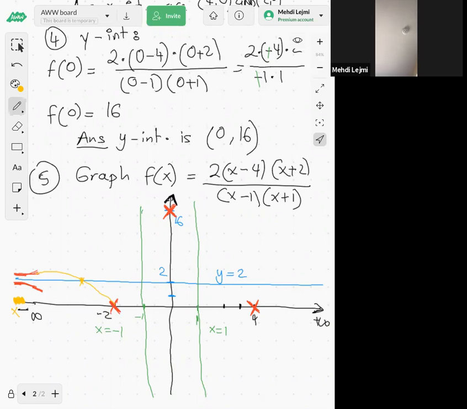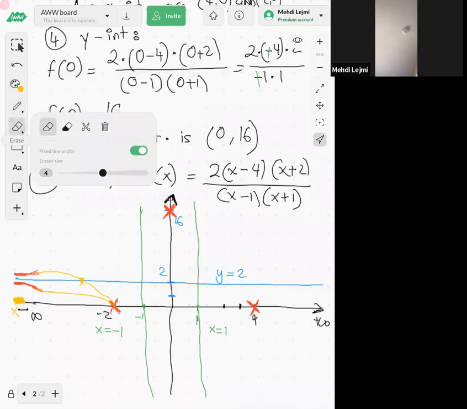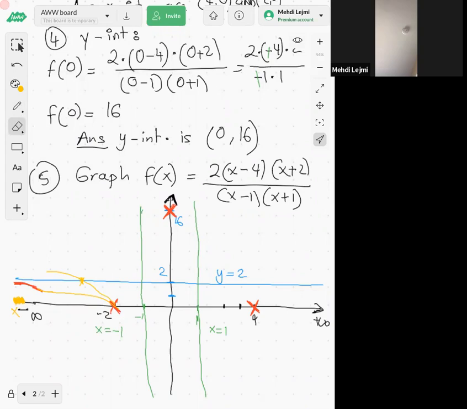And you are not allowed to cross your horizontal asymptote in the neighborhood of negative infinity. The other option is to go from below the horizontal asymptote and then join your x-intercept. So the right thing to do is to start from below the horizontal asymptote. So this is not correct. And so here's my graph.